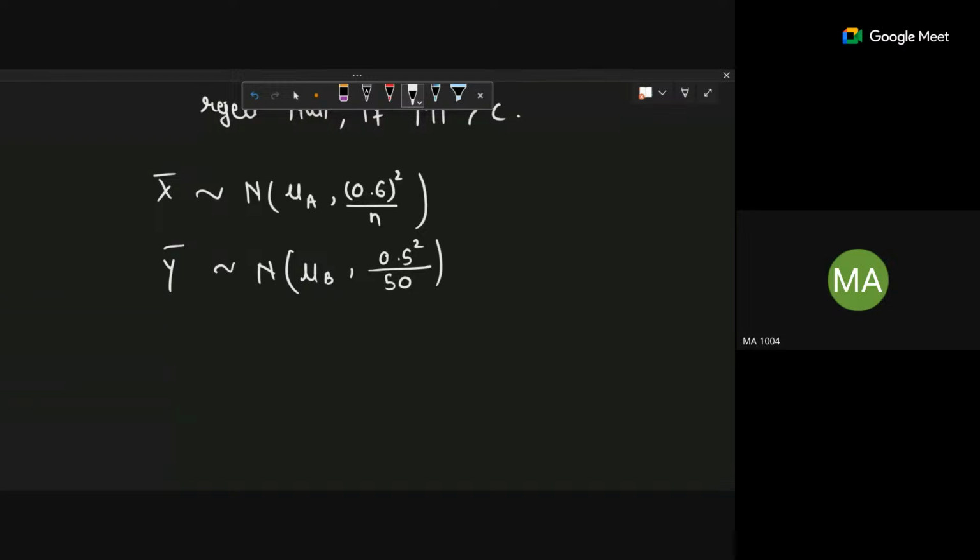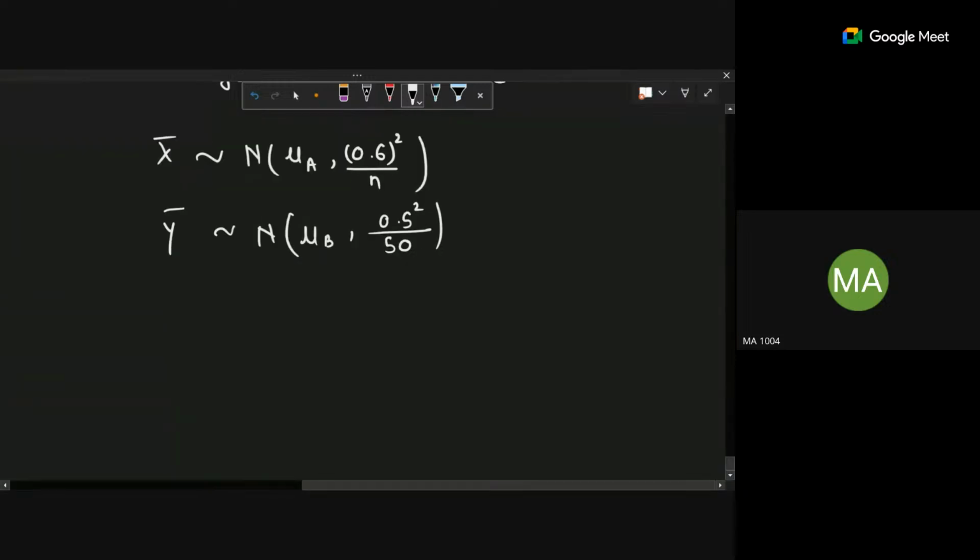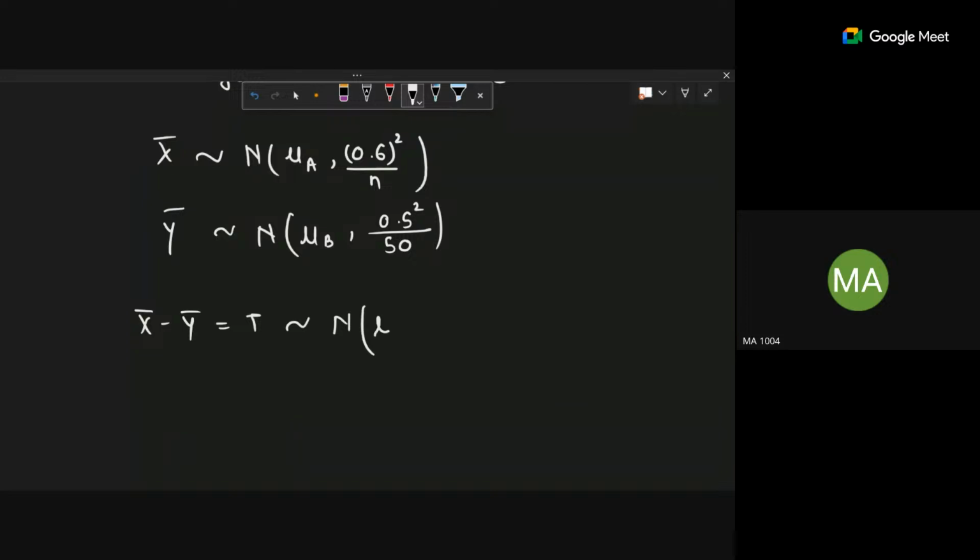Fine. So what will be the distribution for T then? X bar minus Y bar, that is our T, will be distributed normally with the difference of mu A and mu B as the mean and the sum of these two variances as our variance.